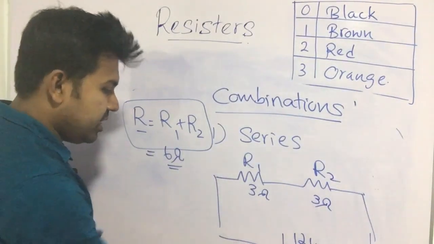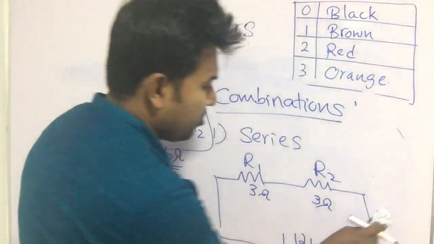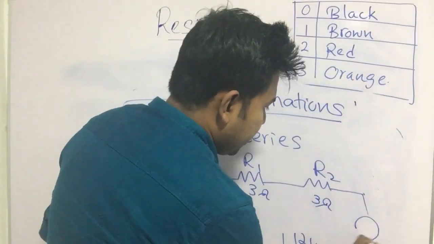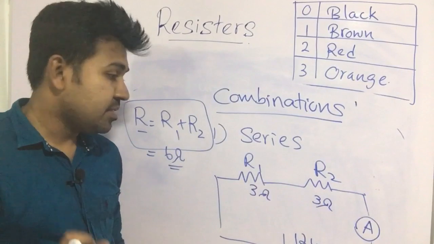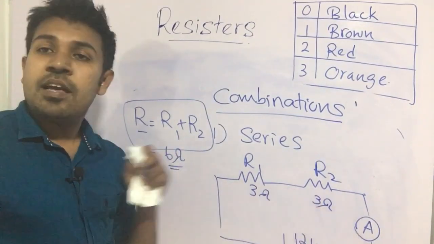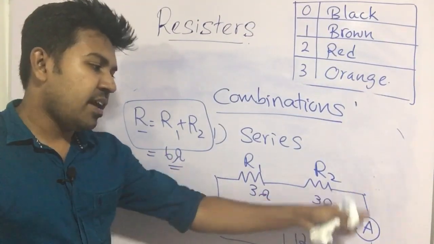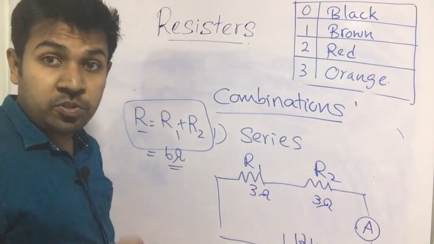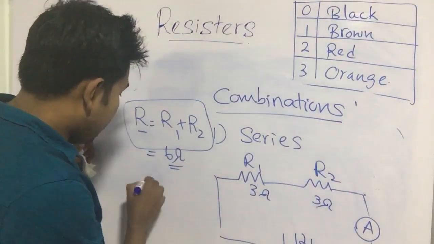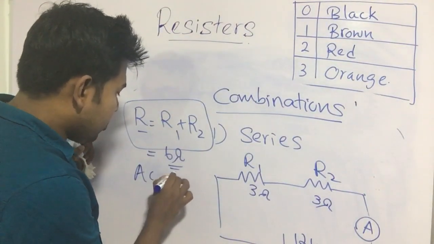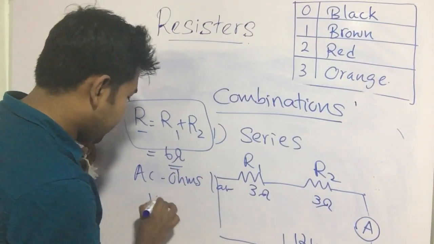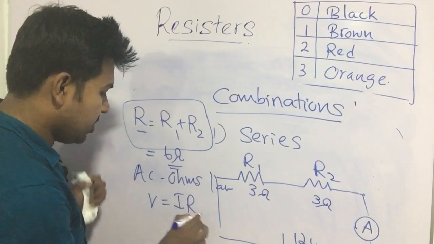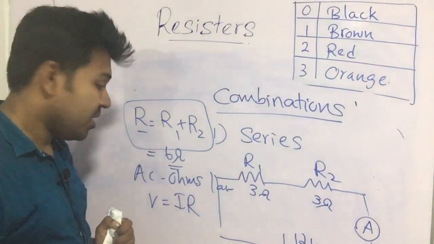Why I have given this: if you get a question, here will be an ammeter. If they ask how to find what is the electric current flowing through this, then you can put according to Ohm's law. According to Ohm's law, V equals IR.